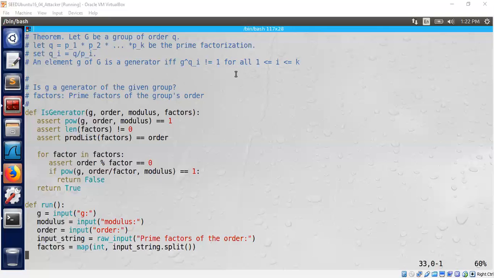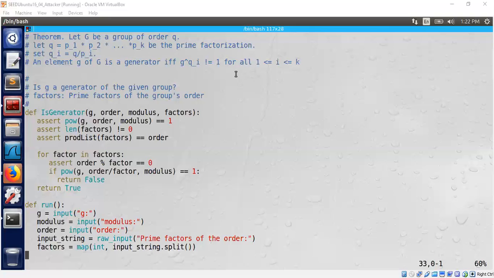That's what the theorem is saying. And how does this help us in detecting whether g is a generator or not? It's straight away applicable. As soon as you know your g, your group order and the prime factorization, you can apply this theorem because it's an if and only if condition.